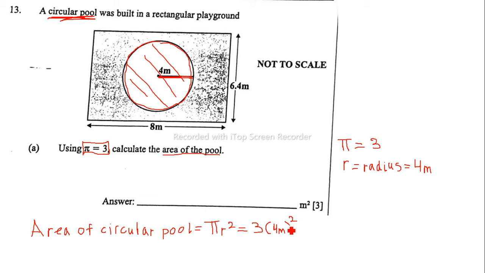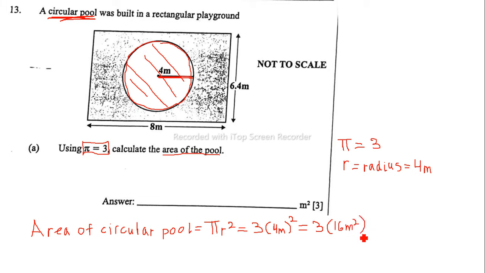Now, what is 4 squared? 16. How do you get 16? 4 times 4, so it's going to be 16.